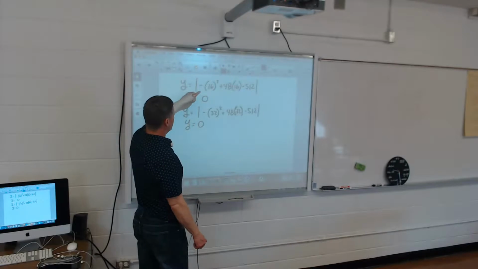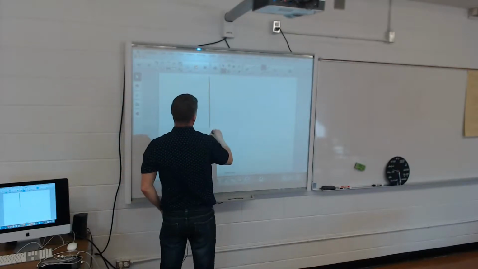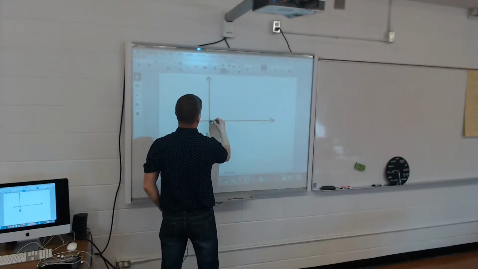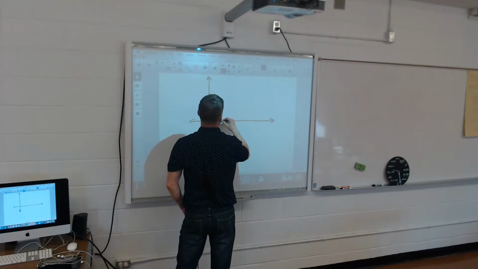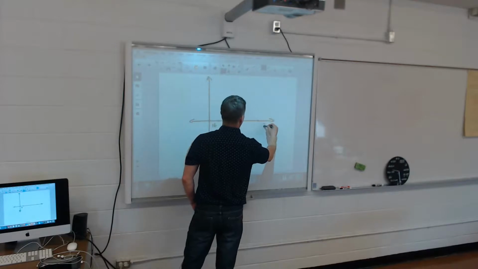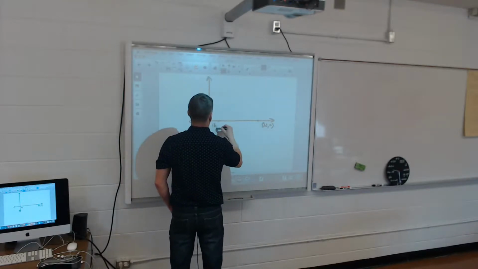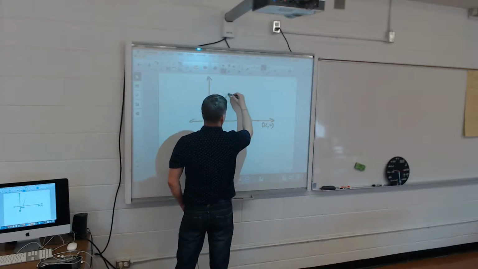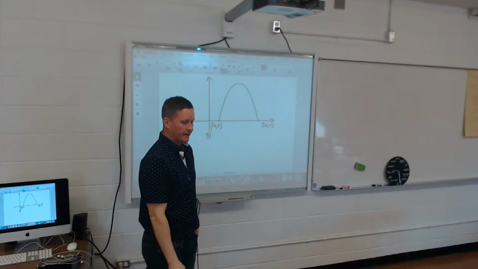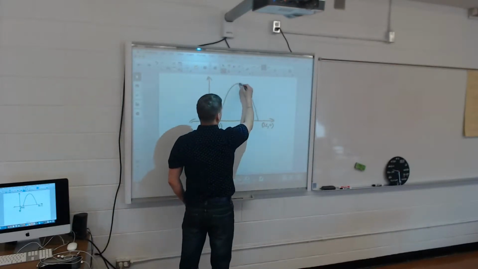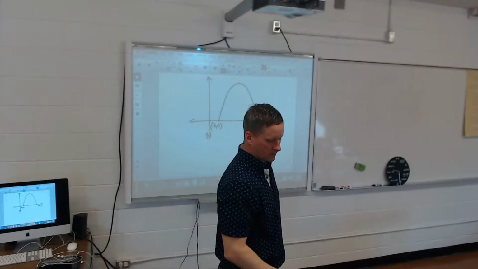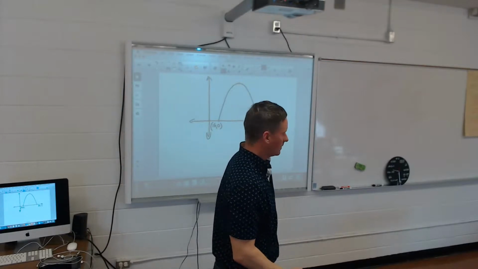And if this is 0 and 0, let's look at a possible graph right here. I'll put this as 16 right here. So that's 16. This would be 32 out here. So that's 32 and 0, 16 and 0. And my graph is going to look like this. Right? Okay. What's halfway between 16 and 32? 24.